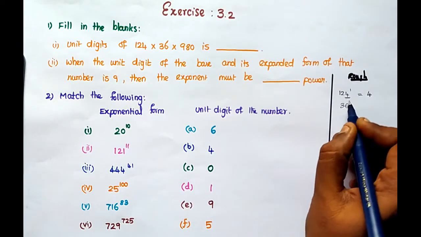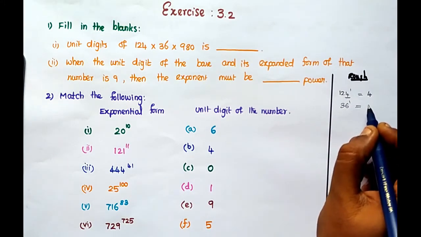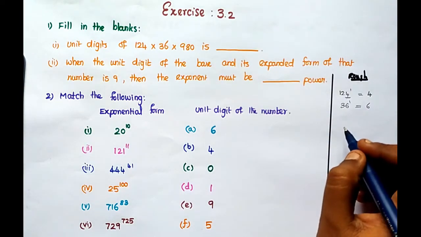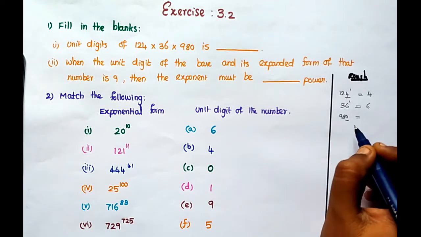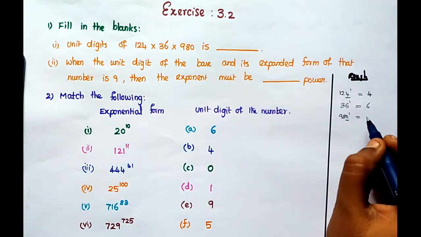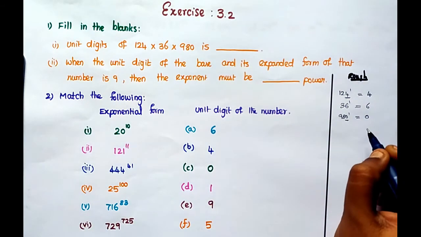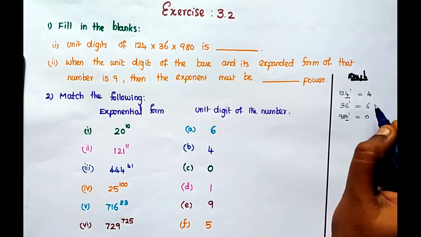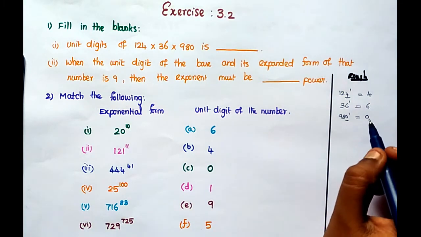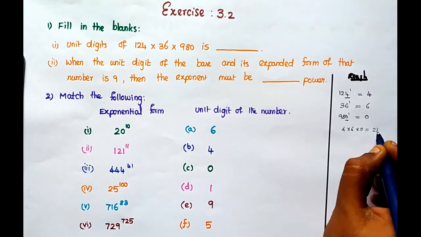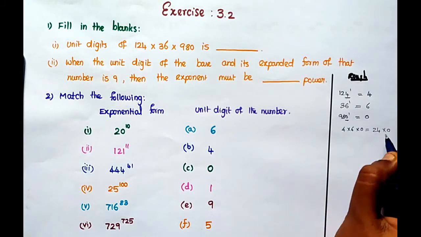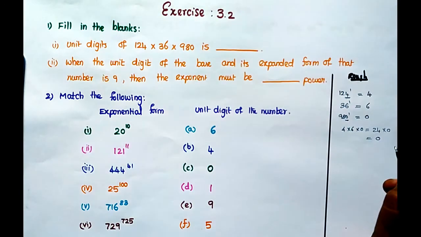Next 36 power 1, 6 power 1, the unit digit is 6. Next 980, it ends with 0, so the answer ends with 0. So multiplying, 24 into 0, we get the result 0. So the answer is 0.